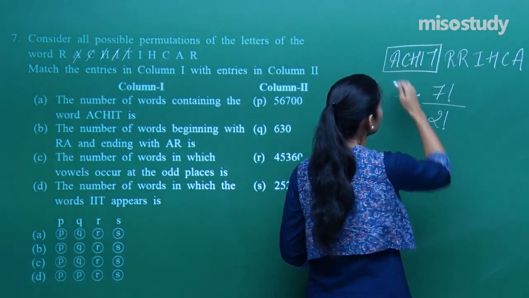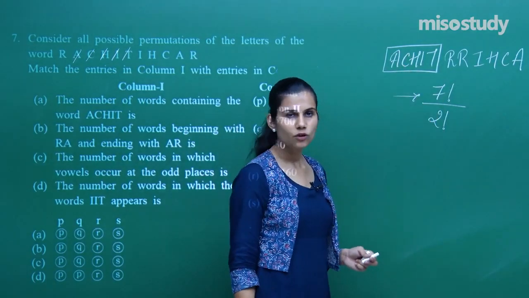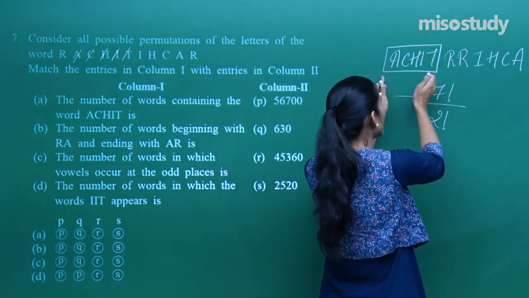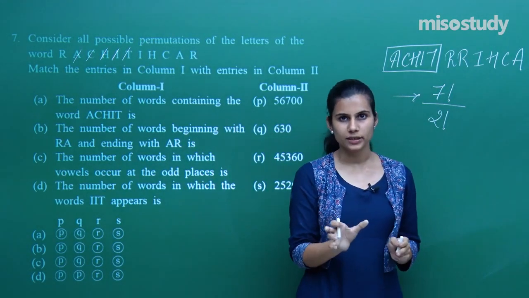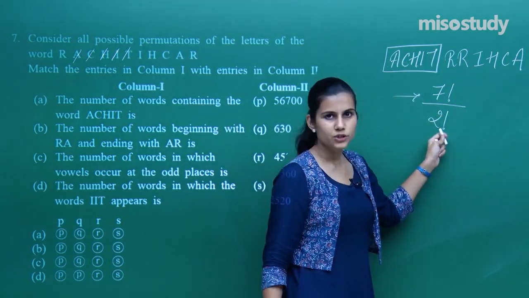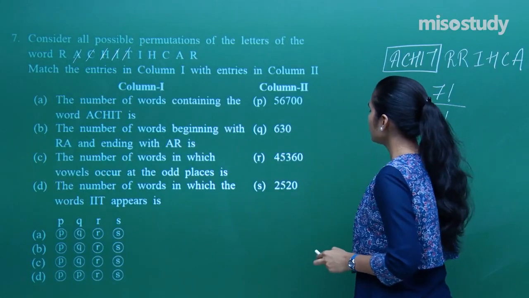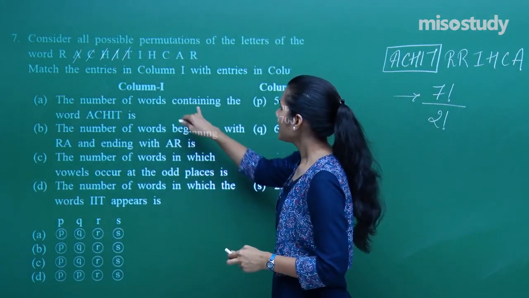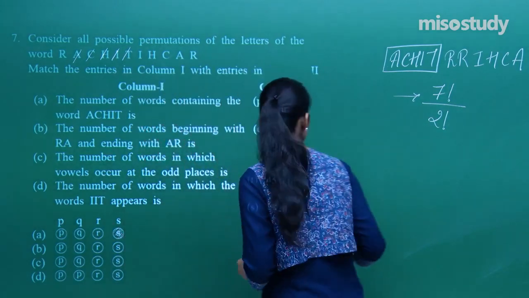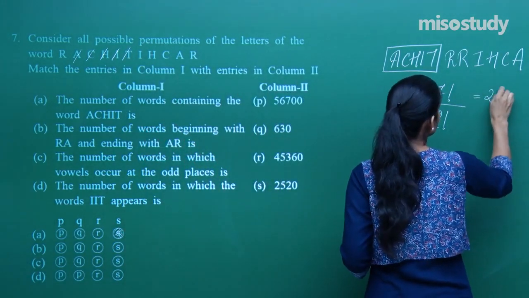There is no repetition over here, so this is the only way. So here I am getting 7 factorial upon 2 factorial because here I want ACHIT to be the arrangement. I don't want them to be permuted among themselves. So here is where I stop and this answer comes out to be 2520. A gets matched to S.